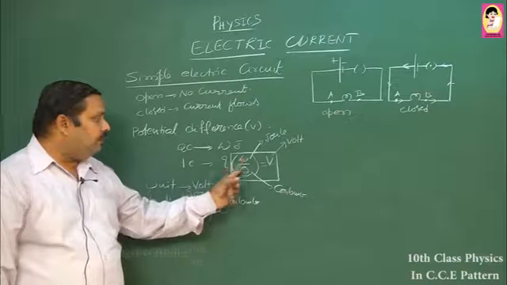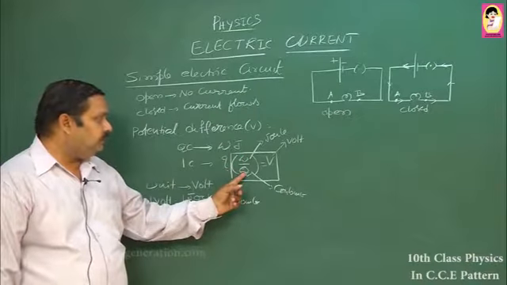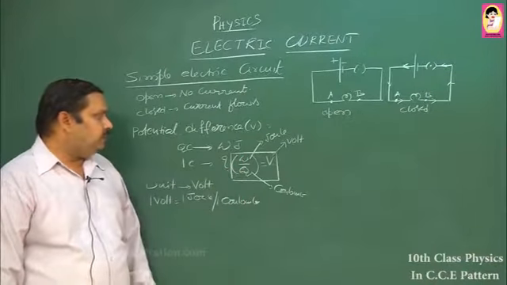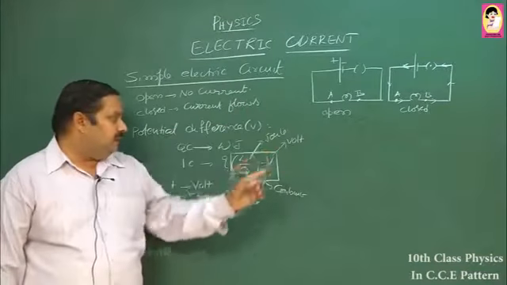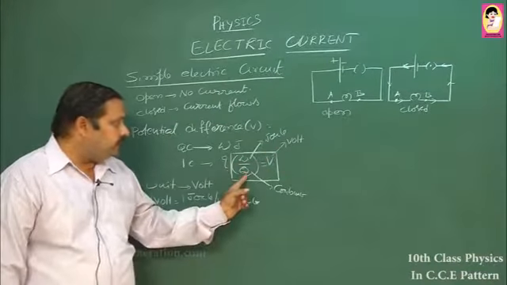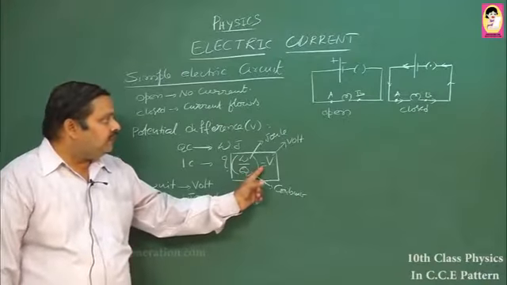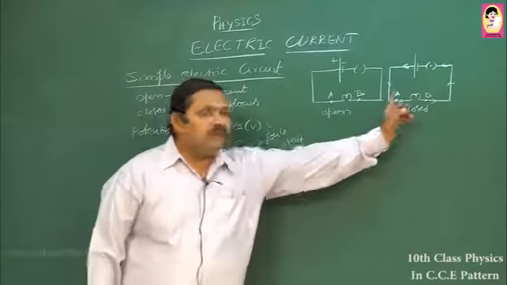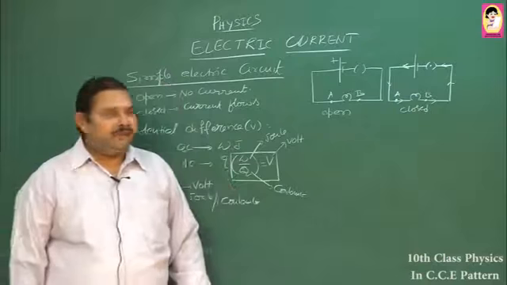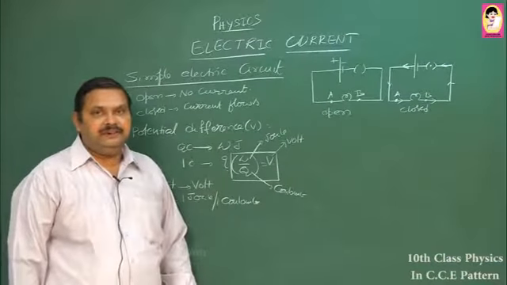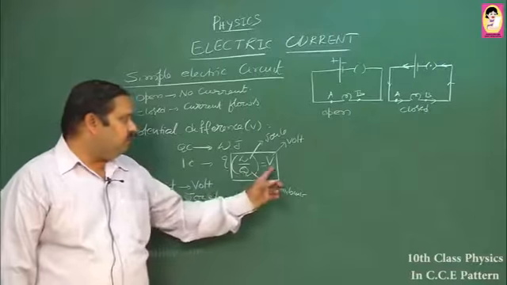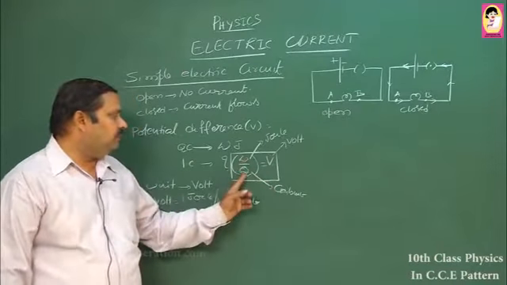Then W by Q, the ratio, gives you the amount of work done to transfer 1 coulomb of charge from A to B. This W by Q ratio is called potential difference across the two terminals A and B, and the mathematical expression to calculate the potential difference is V is equal to W by Q.